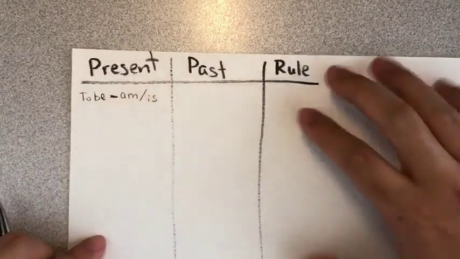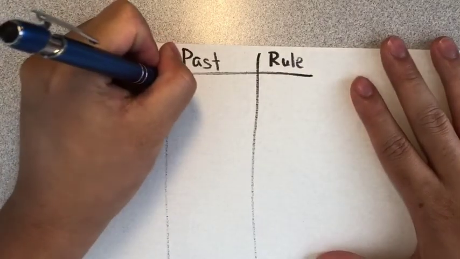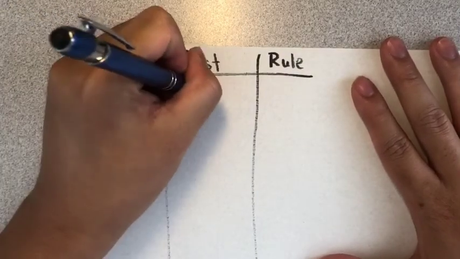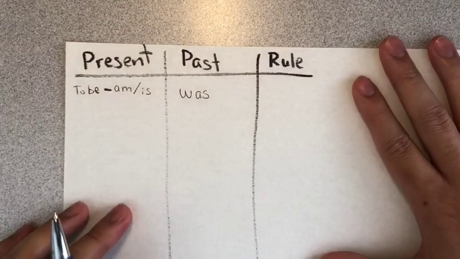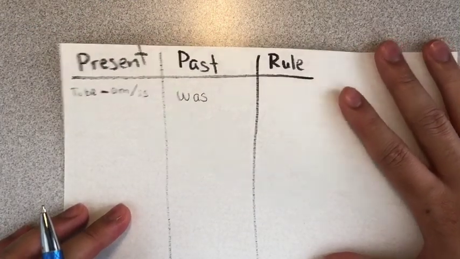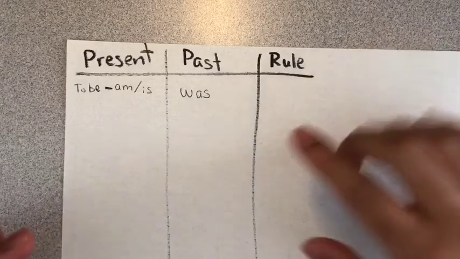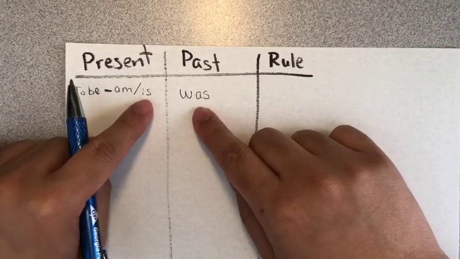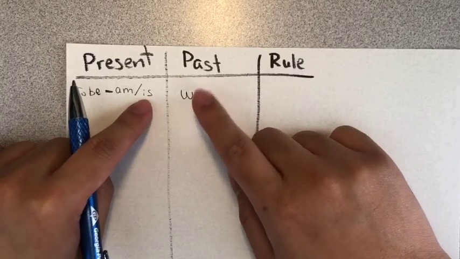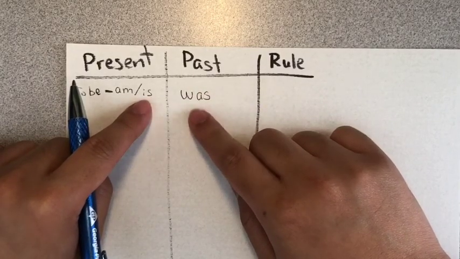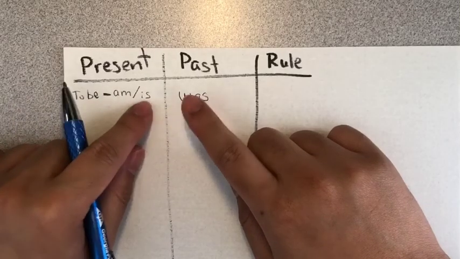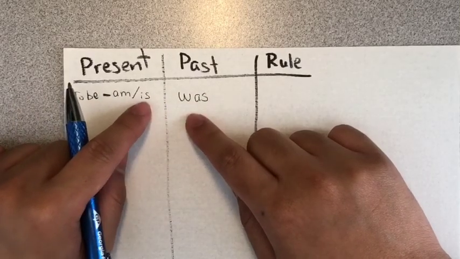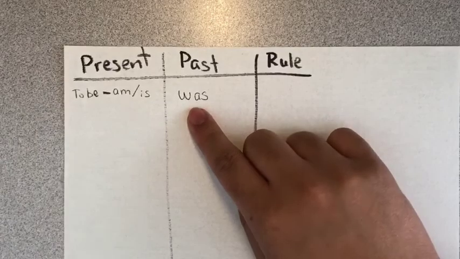This is in present. In the past, we say was. I was, he was, she was, it was. This is also how we talk about the weather. We say, today, the weather is sunny. Yesterday, the weather was cloudy.